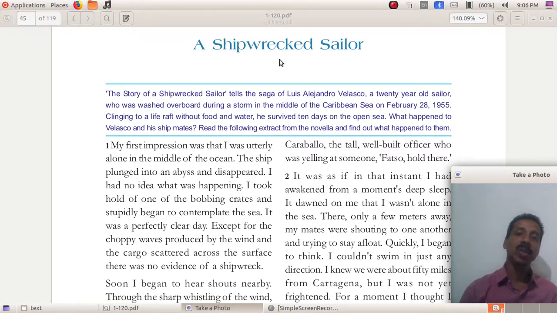So as introduction it is mentioned, the story of a shipwrecked sailor tells the saga of Luis Alejandro Velasco, a 20-year-old sailor who was washed overboard during a storm in the middle of the Caribbean Sea on February 28, 1955. So the main character of the story, and in the story we see him as Velasco.